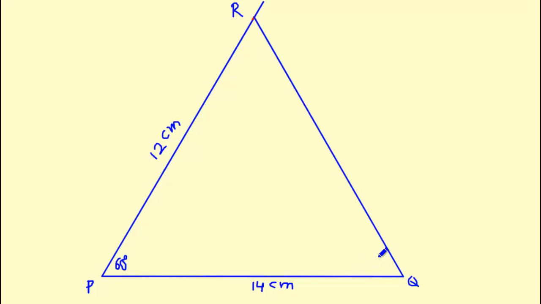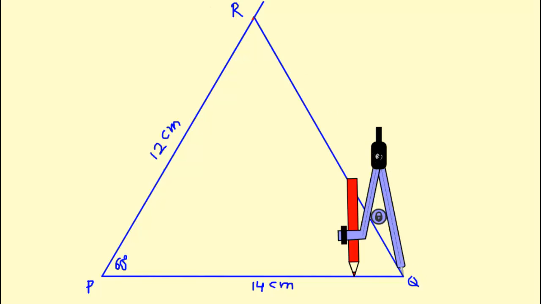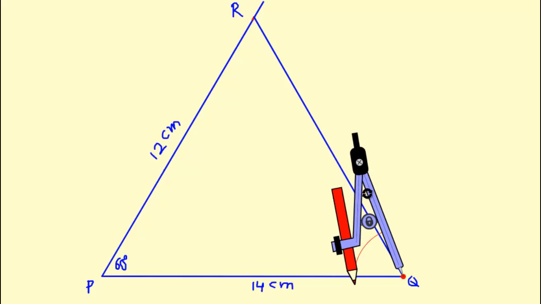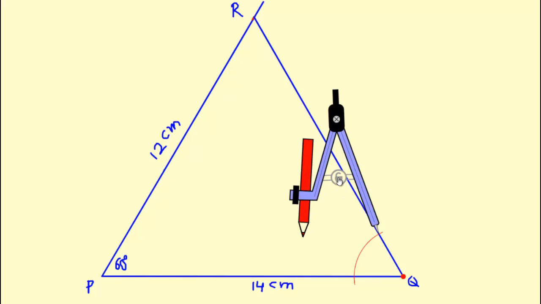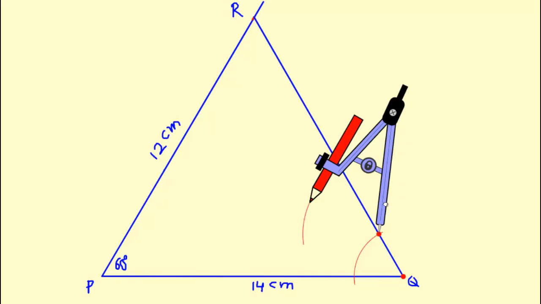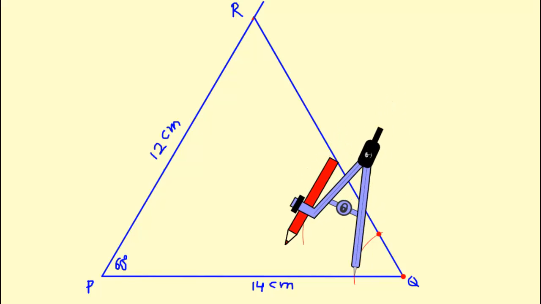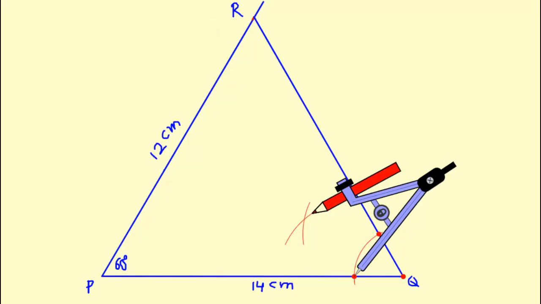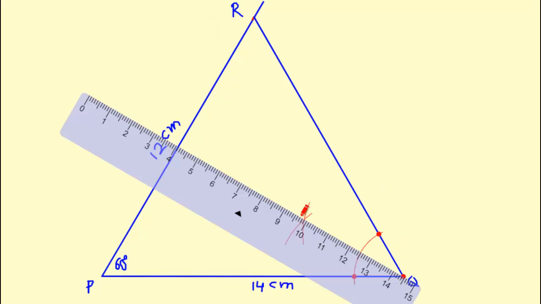So the locus will be the angle bisector of angle Q. So we draw the angle bisector of Q. Now I will draw an arc on Q. You can open the compass and draw an arc here. Now join this point Q and the intersecting arc. This is the angle bisector of Q.